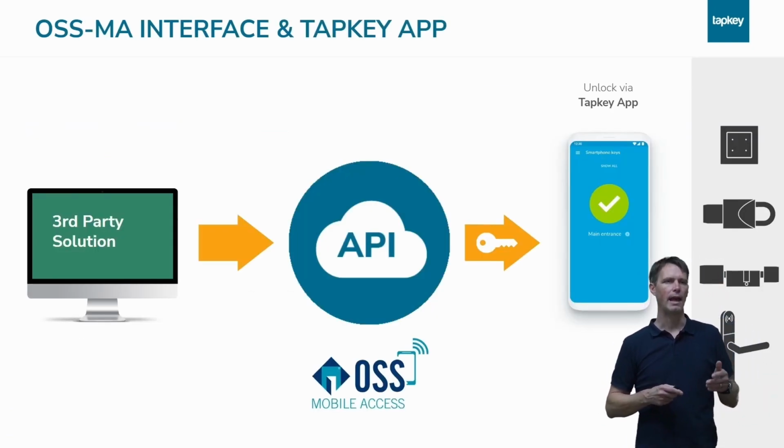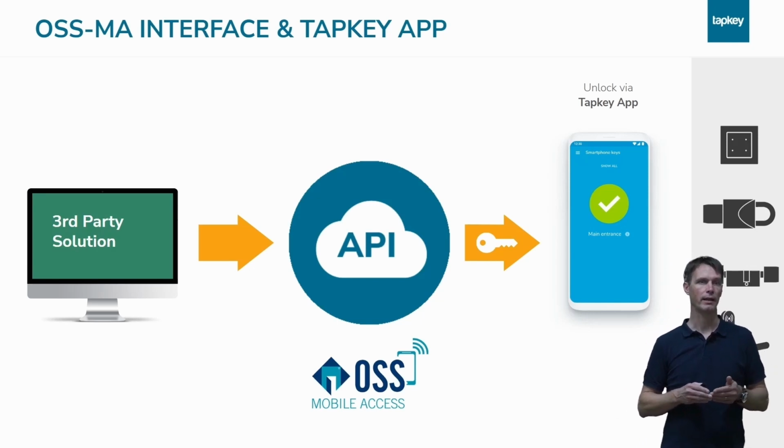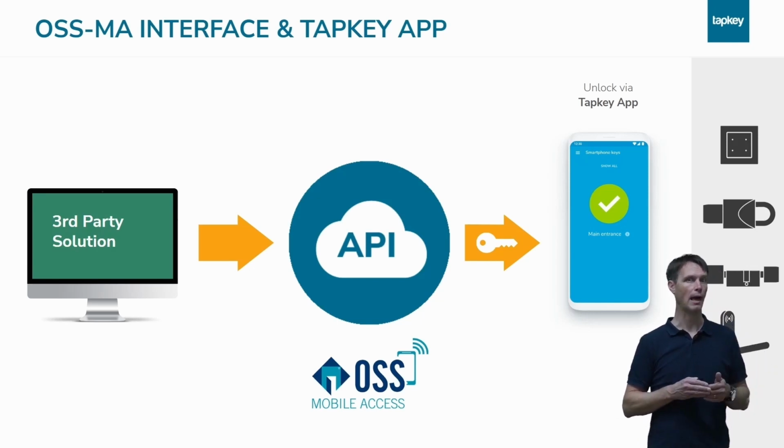So access is managed via the OSS-MA compliant API, and the Tapkey Trust Service then ensures that the keys are delivered to the user. But what apps can be used to use these mobile keys?